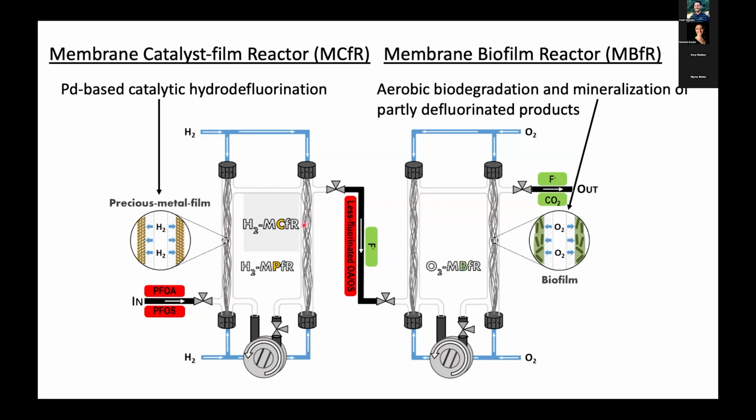And then you get totally to partly defluorinated compounds, and that's delivered over to a biological process. We call it the membrane biofilm reactor, which we have bacteria who then will complete the defluorination and fully oxidize the products here. So that's just how the system works.